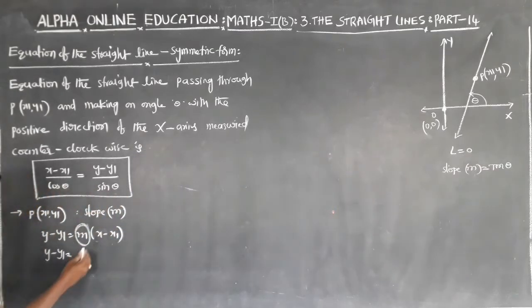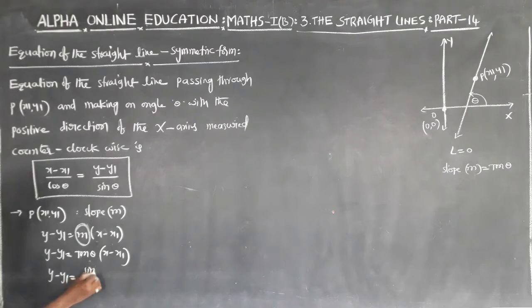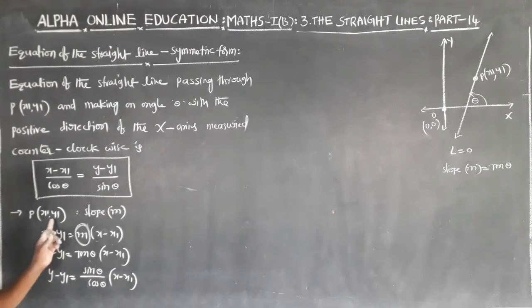So y minus y1 is equal to tan theta, which is sin theta by cos theta, into (x minus x1). The equation of the straight line passing through the point P(x1, y1) and having slope m is y minus y1 is equal to m into (x minus x1).